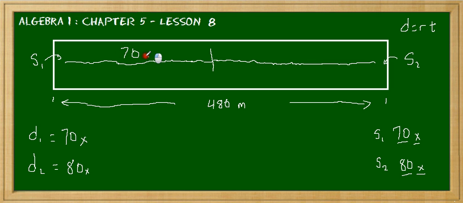Here, this is 70x from our first problem, and this is 80x. We know that 70x is the distance that swimmer number 1 is going to travel, and 80x is the distance that swimmer number 2 is going to travel. So we're able to fill in those question marks there, and we're going to move on now to C.